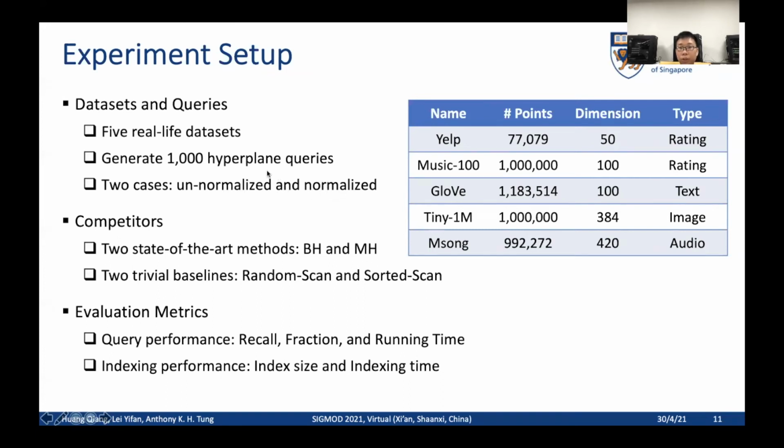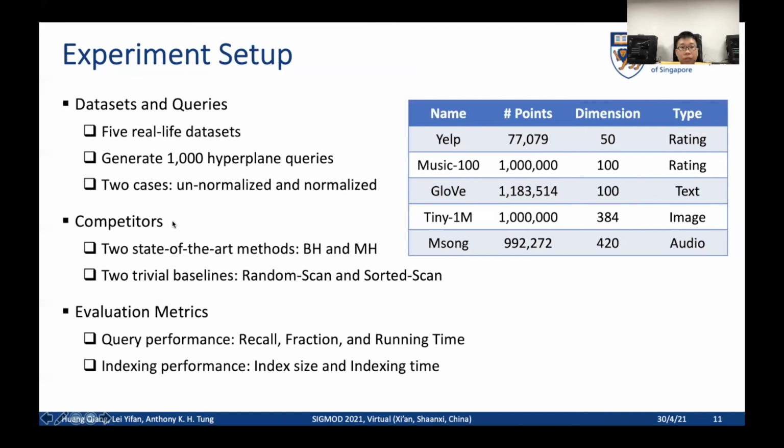Here we would like to claim that all the datasets we select are unnormalized. We consider the normalized cases because many state-of-the-art methods are good at these normalized cases, so we aim to make a comparison with them in a fair setting.